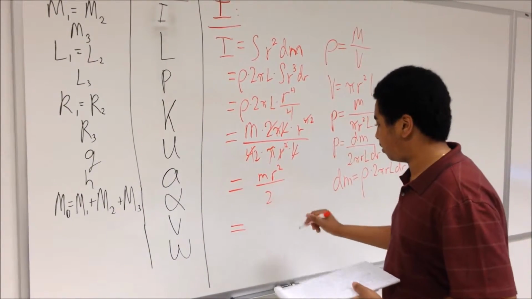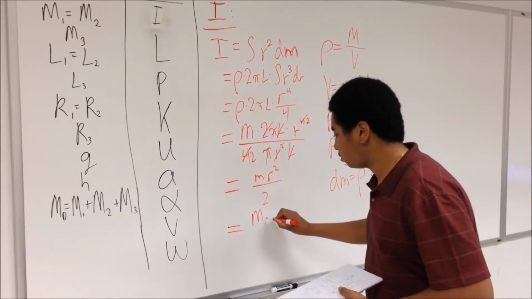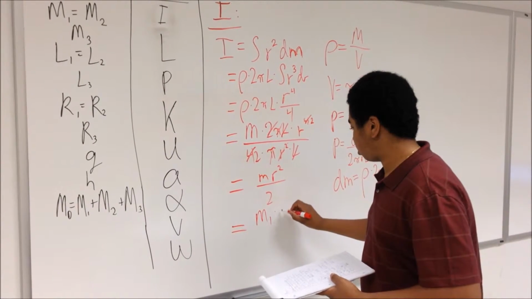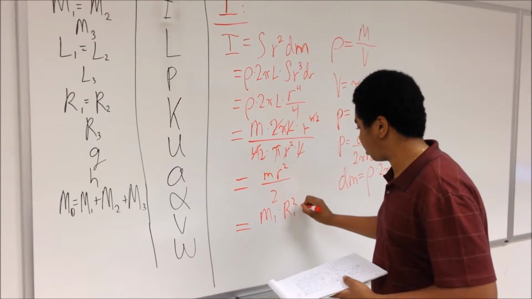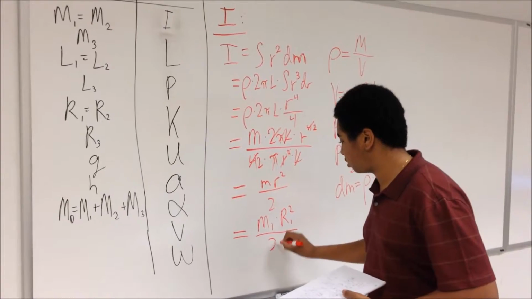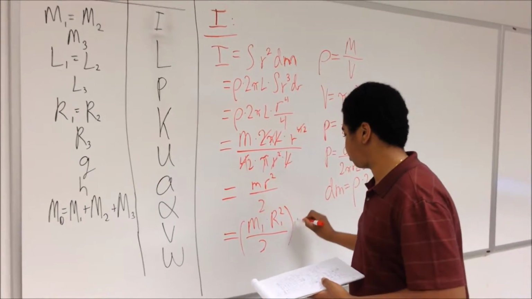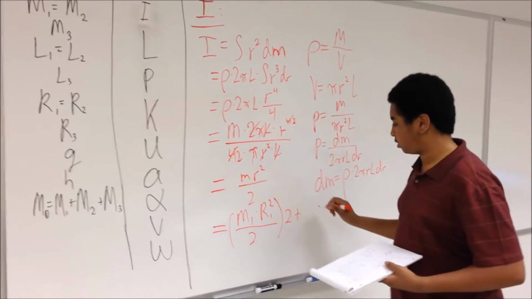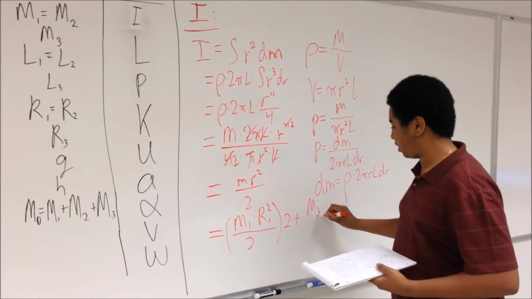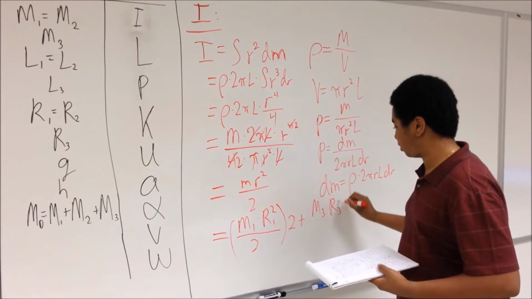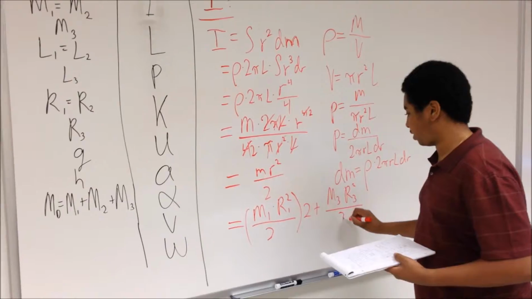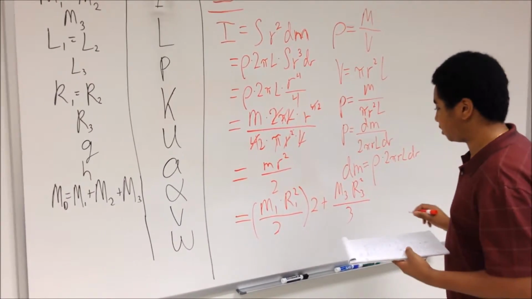So it will be M1 times R1 squared over 2 times 2, plus M3 R3 squared over 3. And so that's going to be the moment of inertia.